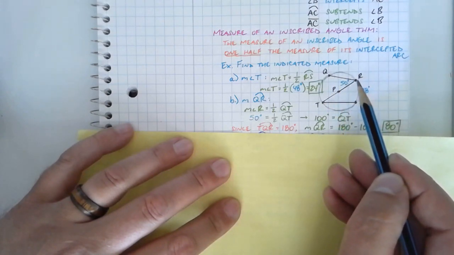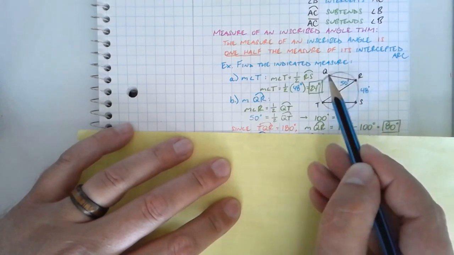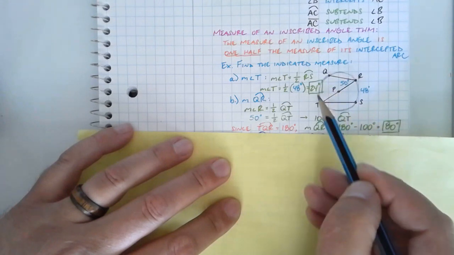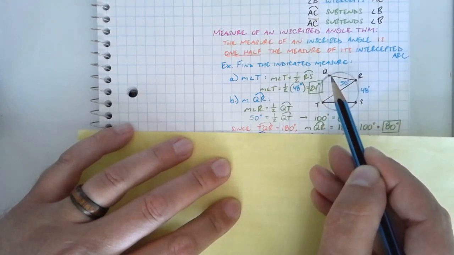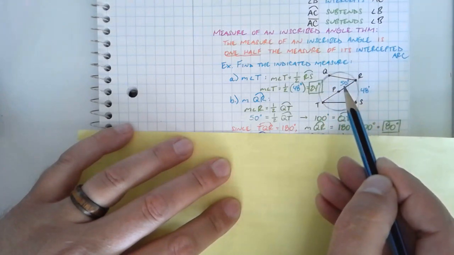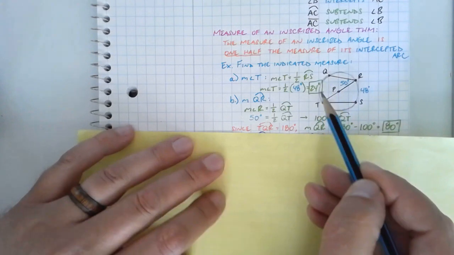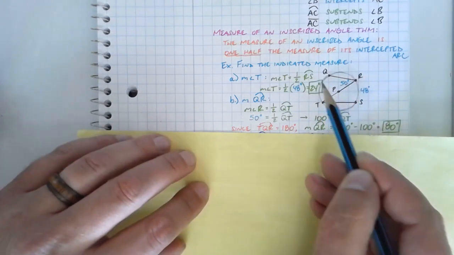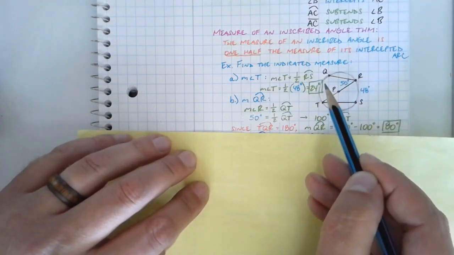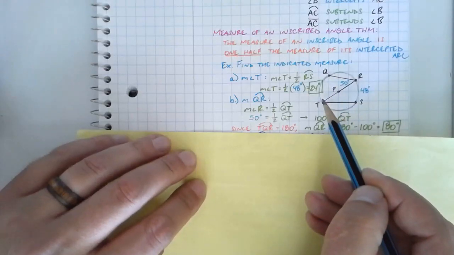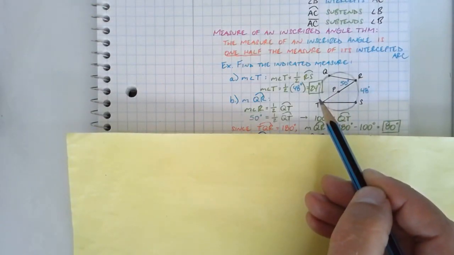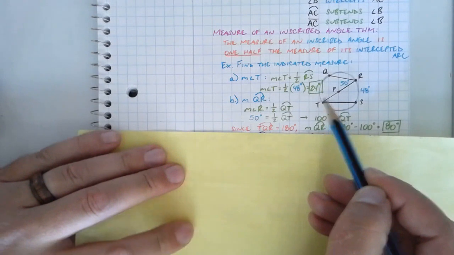So angle R, its intercepted arc created by this wedge, is arc QT. This angle measurement, which they explicitly tell us is 50 degrees, is going to be exactly 1/2 of arc QT. So I would simply double 50 degrees to find out arc QT is 100 degrees. That's without even looking at what the question's asking for.